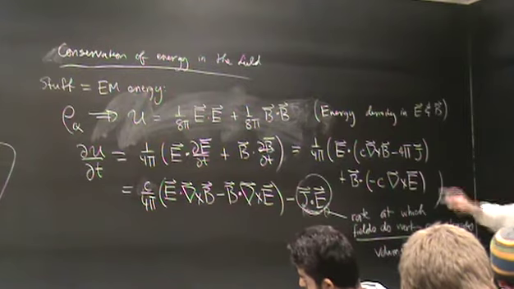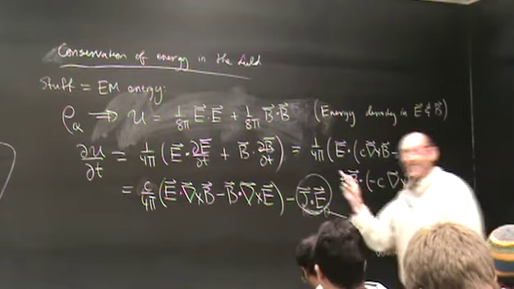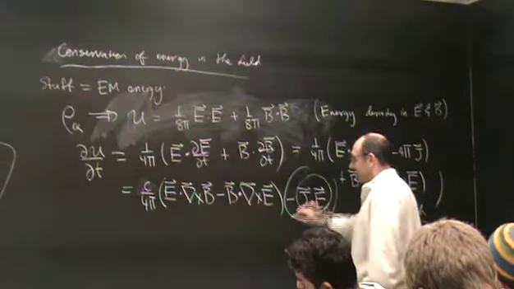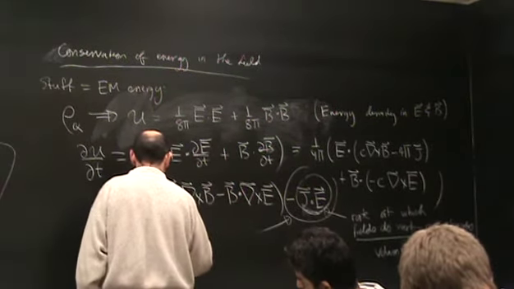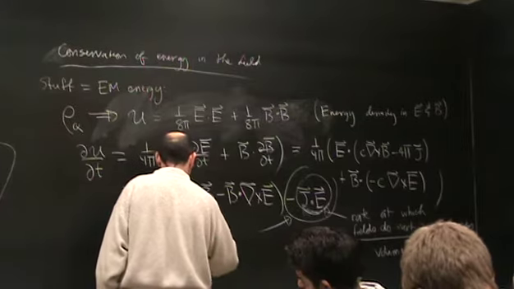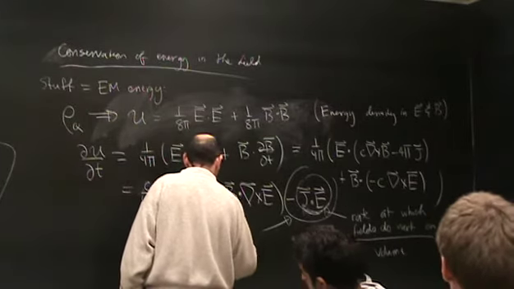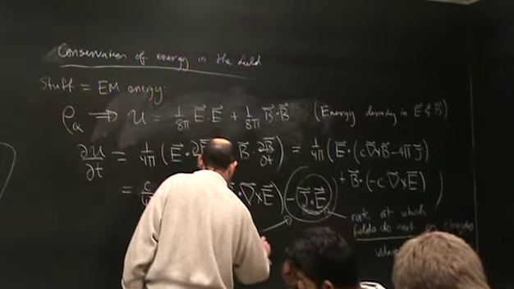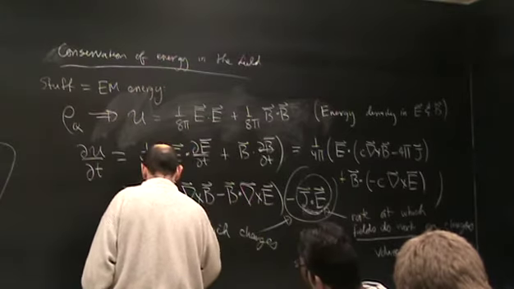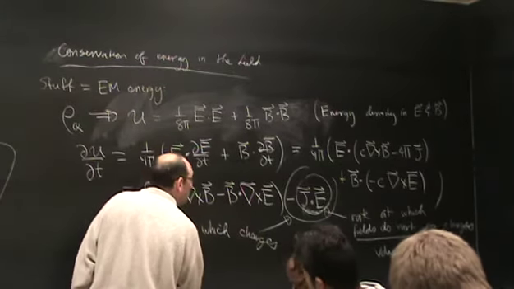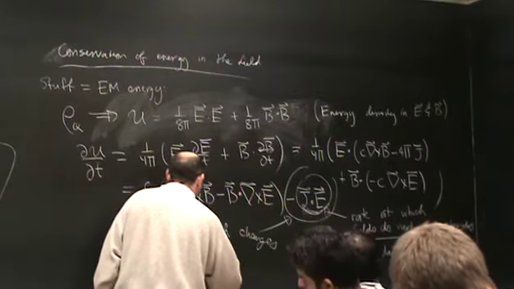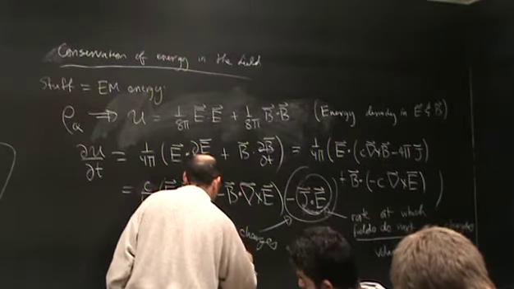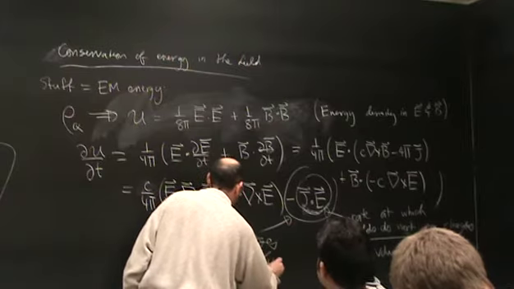However, minus J dot E is equal to the rate at which charges do work on fields per unit volume.